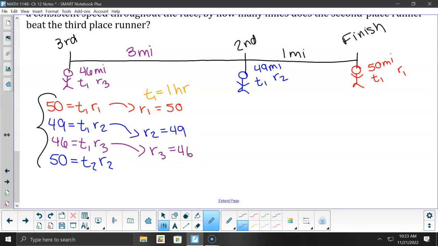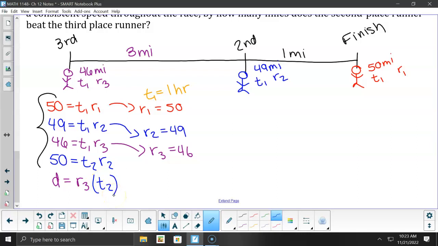All right. I need to figure out what is the distance between second place and third. So our third place person is at some random distance, and that's at time 2. So distance equals rate 3 times time 2.